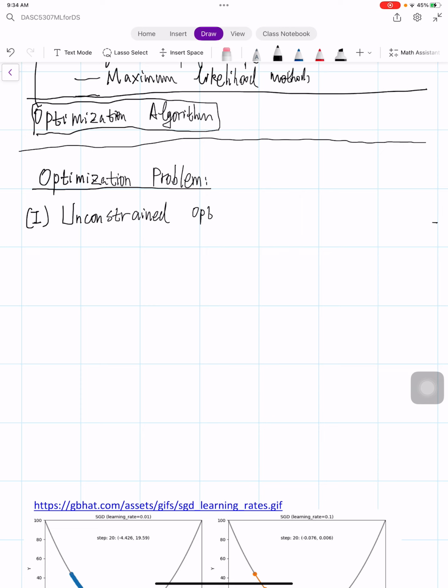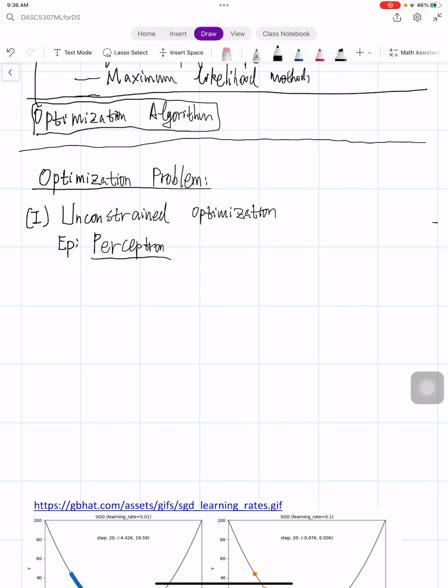The example we already saw before is, for example, the first classification machine we introduced in the second lecture, called the perceptron.